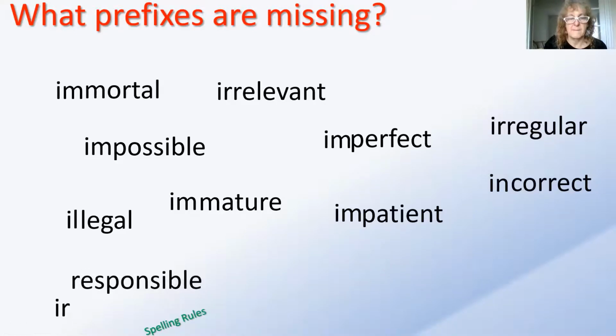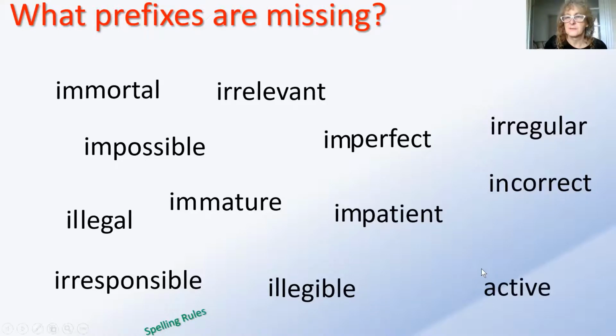Responsible. Irresponsible. Legible. I could read it, or was it illegible? What about active? Oh, this is an odd one. Think about it. Doesn't start with a P or an M. Doesn't start with an R. So what's it going to be?